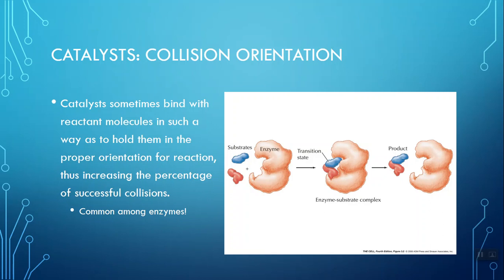And the reason for this is that it wants to bind to that molecule in that way so that it can facilitate the correct orientation of collision for the reaction. So by only allowing molecules to collide in the proper orientation, it drastically increases the success rate of those collisions, thereby making the reaction a whole lot faster.